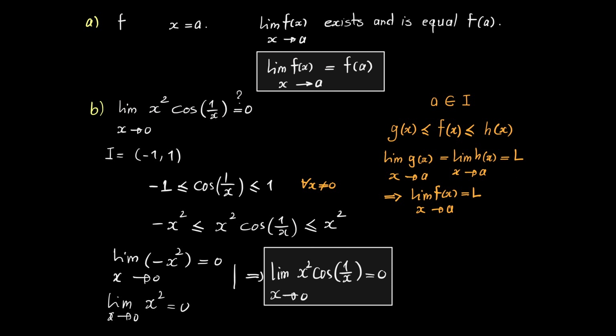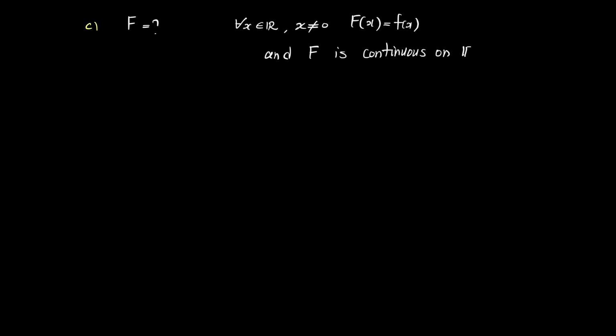Okay? Now, for the last part of the problem, the question is: can you find a function capital F so that for all x belonging to the set of real numbers, if x is not equal to 0, capital F of x is equal to little f of x, and capital F is continuous on the whole real line?